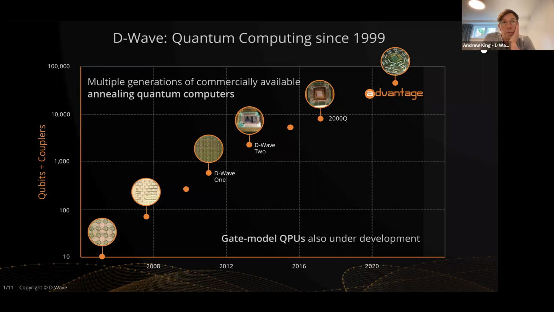We are developing gate model processors as well, but I'm going to focus on quantum annealing, and all of the products that we've had so far commercially available have been quantum annealers. When I started in 2013, the new product was D-Wave 2 with 512 qubits. And now we're at Advantage, which has 10 times as many qubits, over 5,000. That's the primary apparatus that I'm going to use for the experiments that I'm going to describe.